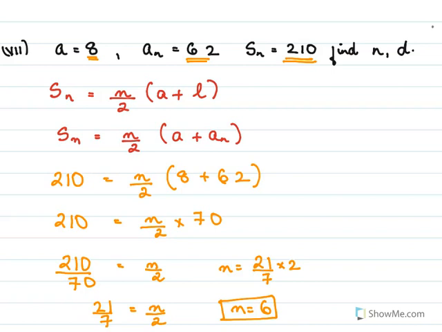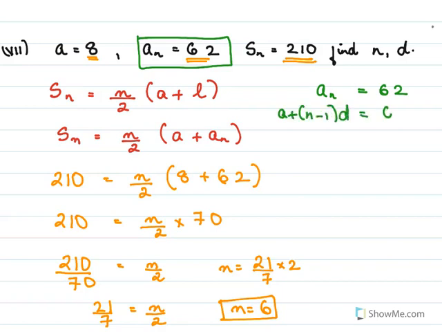Now here the second part, we start with an equal to 62, which is given to us here. Have you seen? an equal to 62. So an formula is a plus n minus 1 d equal to 62. Let's put the values. a is 8.